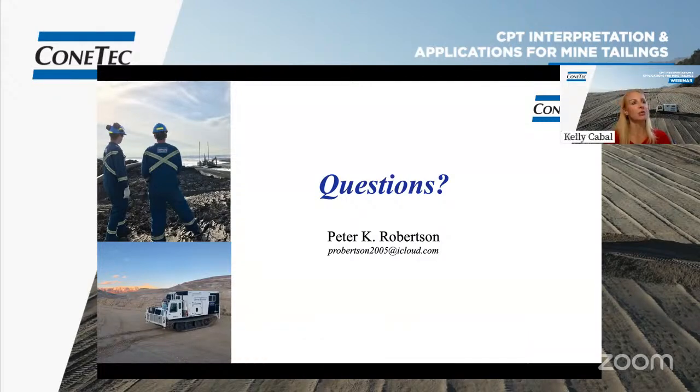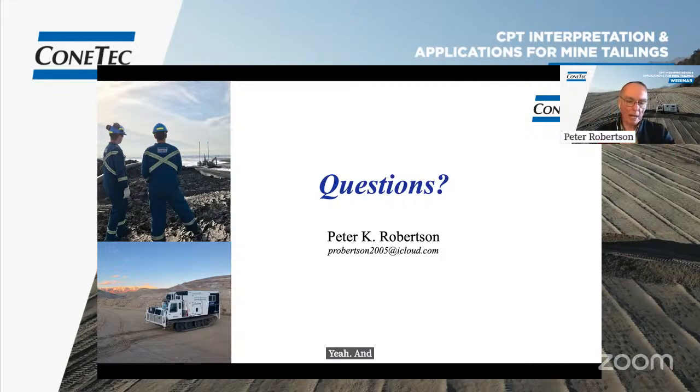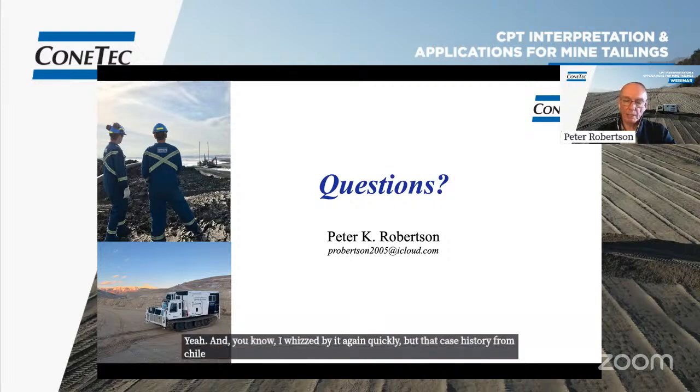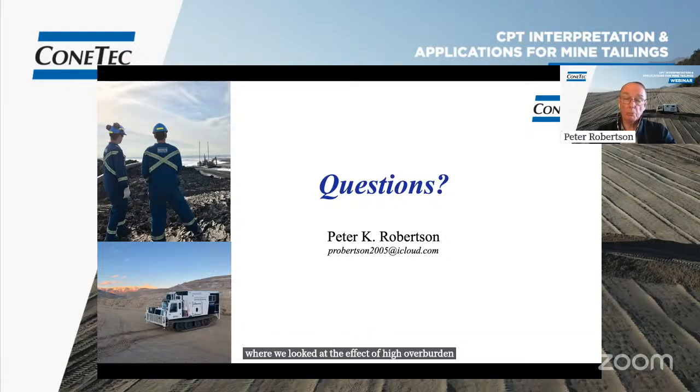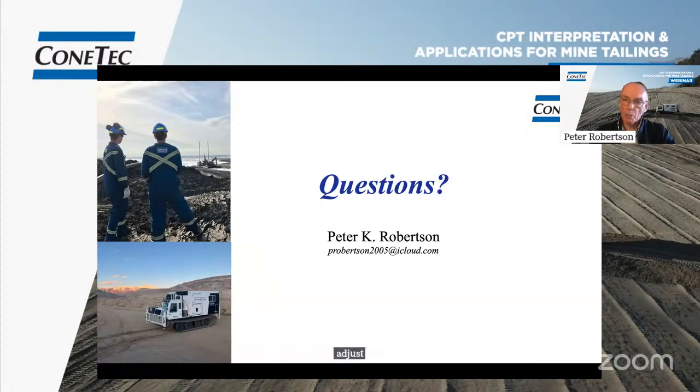Okay, you touched on this quickly at the end, but this one's asking about oil sands tailings dikes with a depth of 50 meters. Are the equations still valid for the deeper sections where they have higher effective stresses exceeding 300 kPa? Yeah, and I whizzed by it quickly, but in that case history from Chile, where we looked at the effect of high overburden, what was really surprising is the CPT actually did a pretty good job adjusting for the very high overburden pressures.